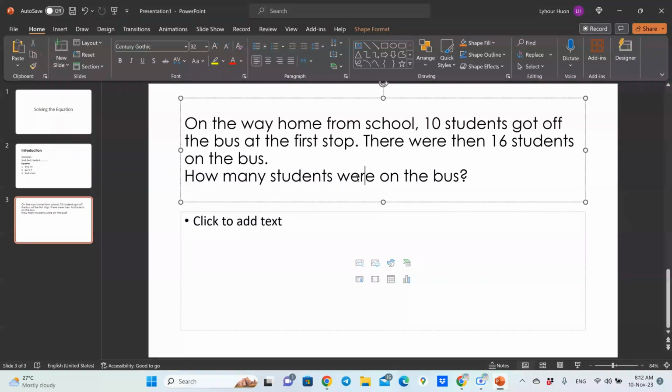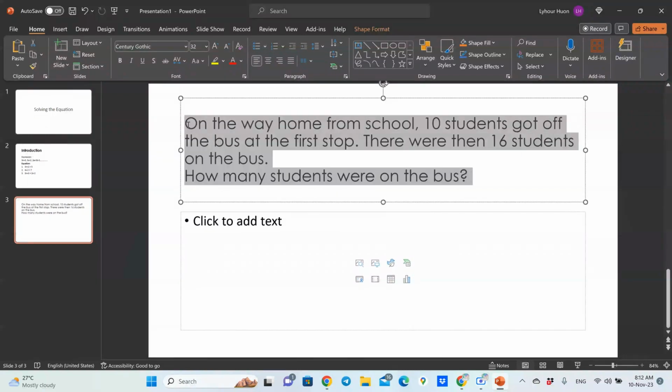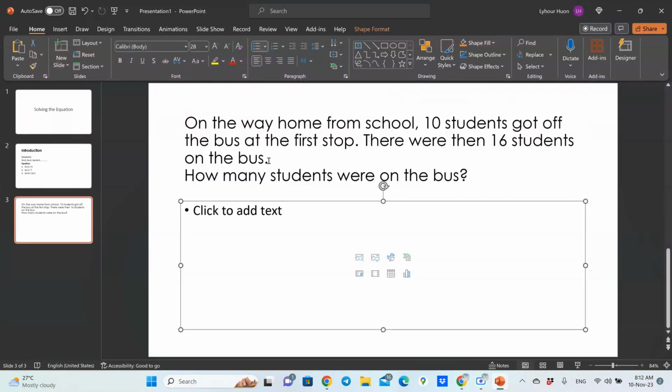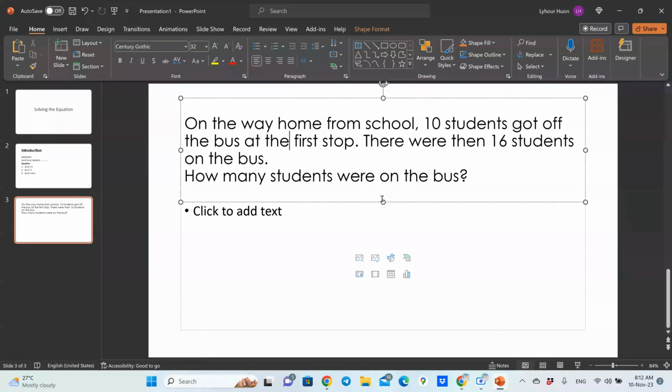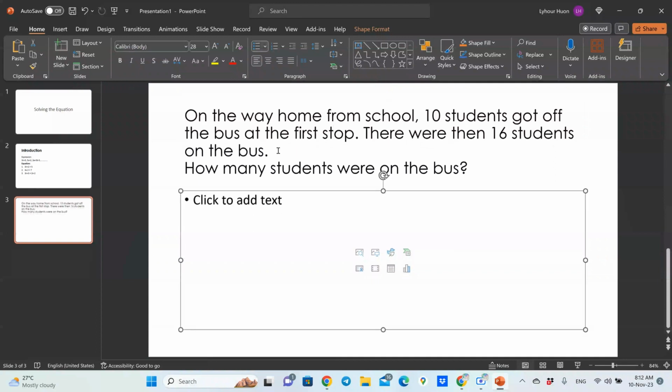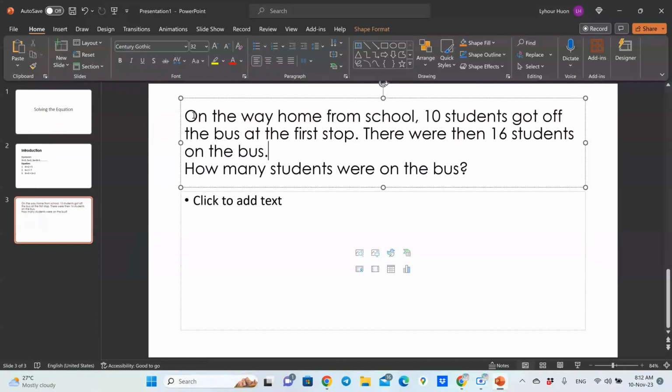Okay, now simple problems or simple exercise. Quite similar to the expression, but equation is the equal expressions. Now we have an exercise: on the way home from school, 10 students got off the bus at the first stop.